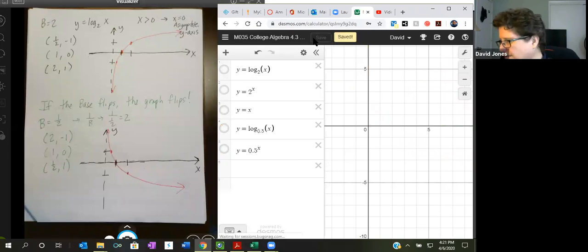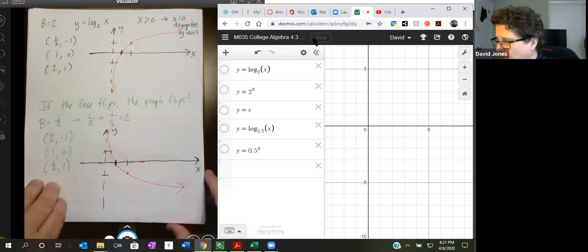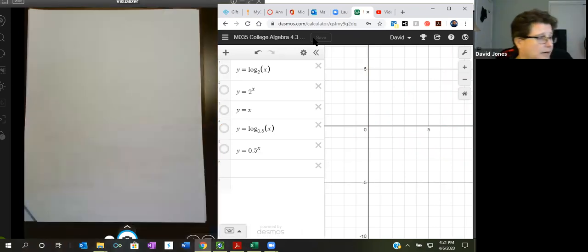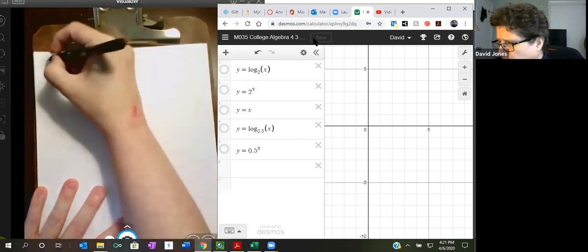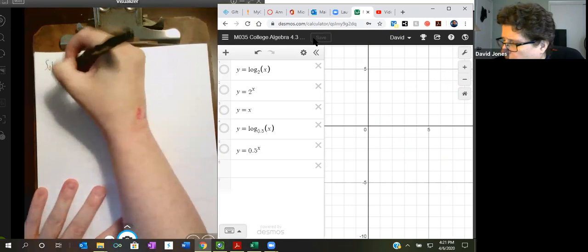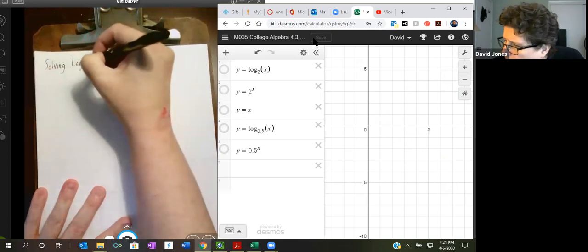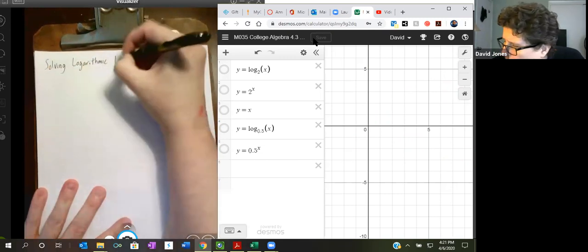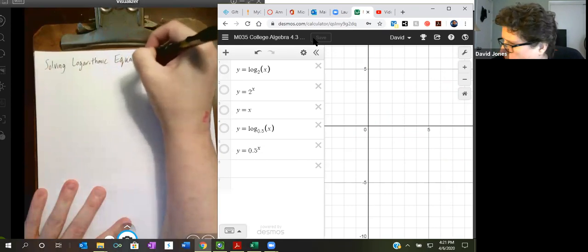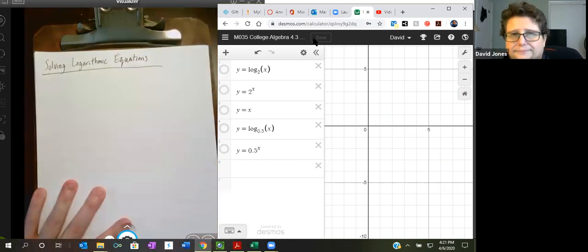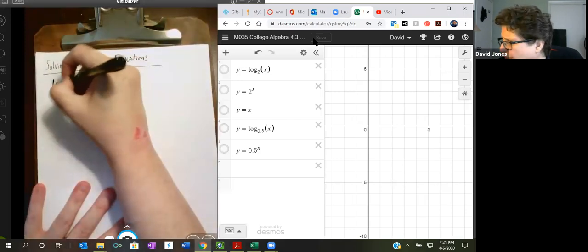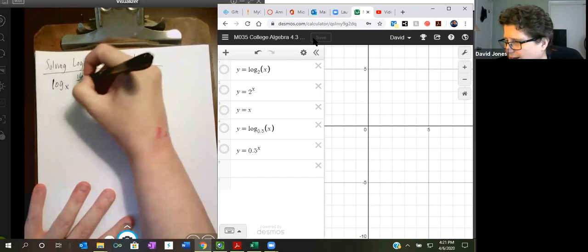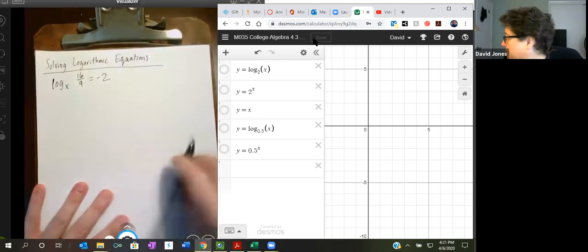All right, so let's take a look at solving logarithmic equations. Let's look at a few. We've got log base x of 16 over 9 equals negative 2.